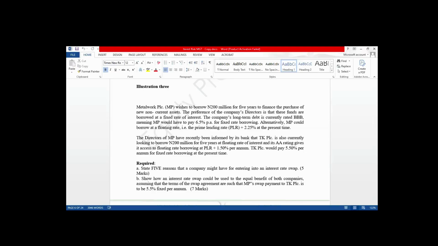Let us look at question on interest rate swap. Please, can somebody confirm the page?